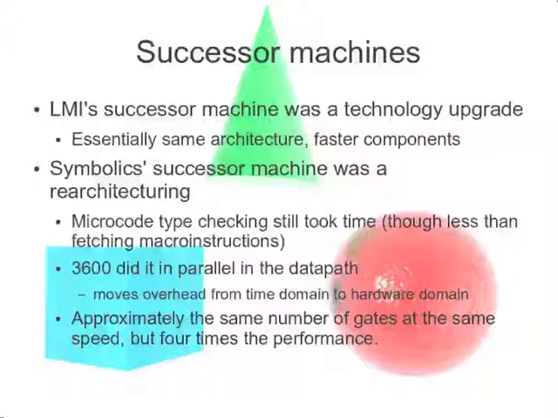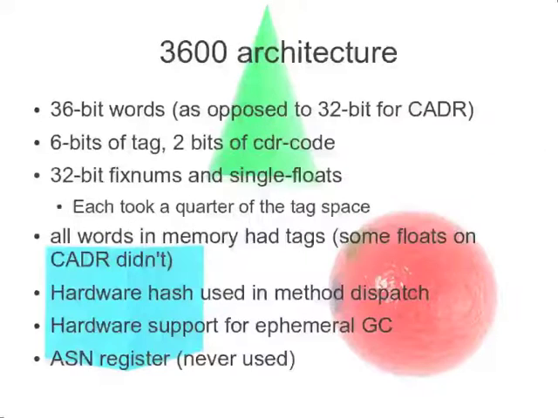Whereas the 3600 was tag check and operate every cycle. So you basically moved the overhead for the runtime type checking from the time domain into the hardware domain. You had to spend 10% more gates. So the upshot was that the 3600 was almost exactly the same technology and number of gates as the LM2, but was 4 times faster.